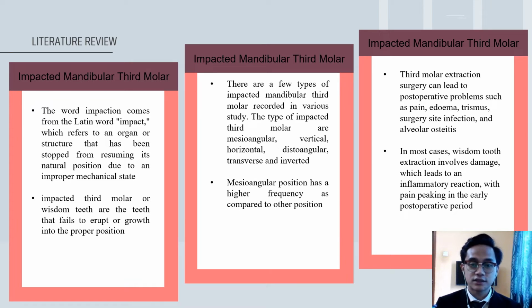According to studies, there are various types of mandibular third molar, which are mesioangular, vertical, horizontal, distoangular, transverse, and inverted. The third molar extraction surgery can lead to post-operative problems such as edema, trismus, surgery site infection, and alveolar osteitis.